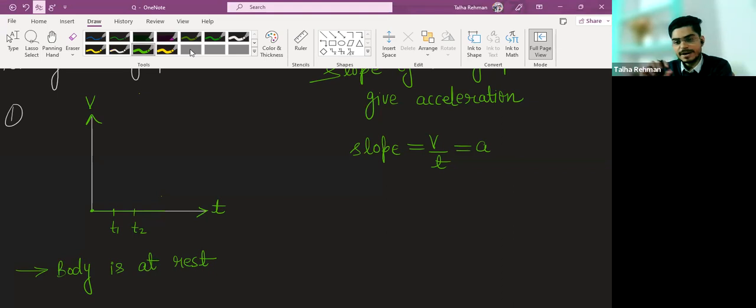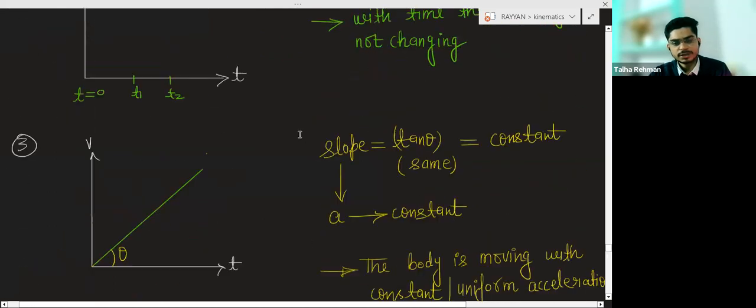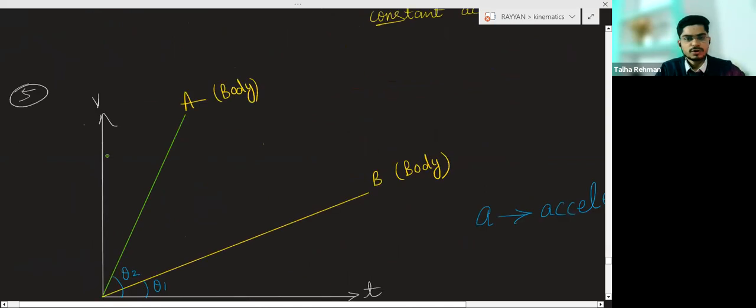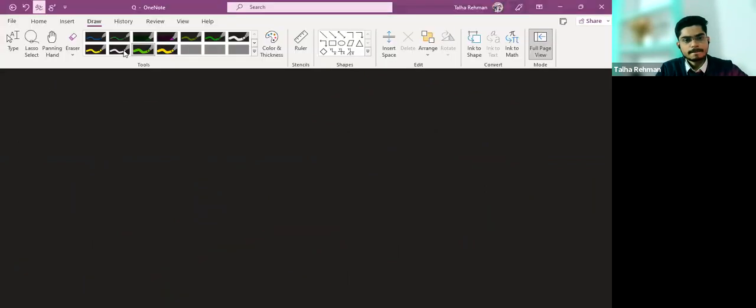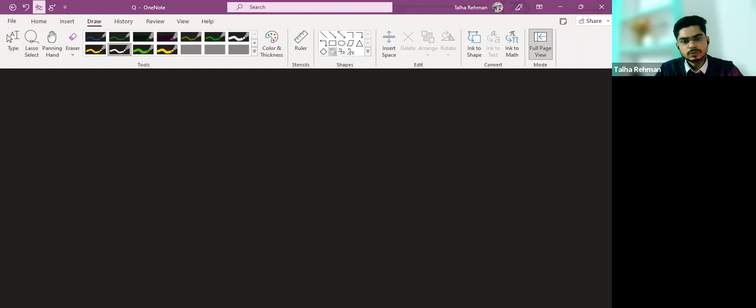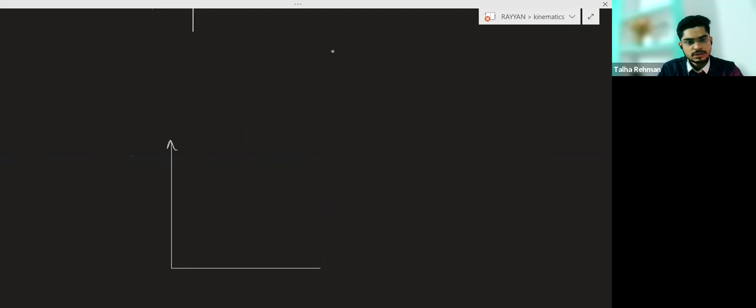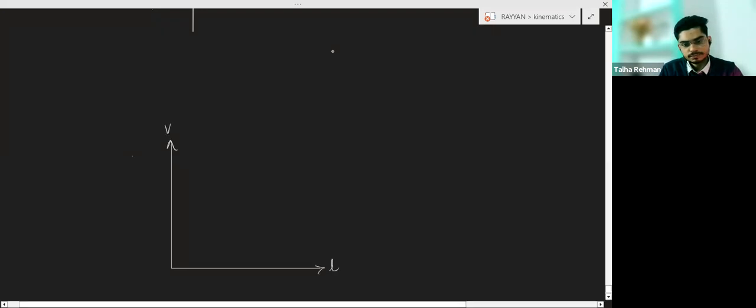Now I am telling you how we can calculate the slope of the graph. Take this graph, and this is the velocity, and this is time.